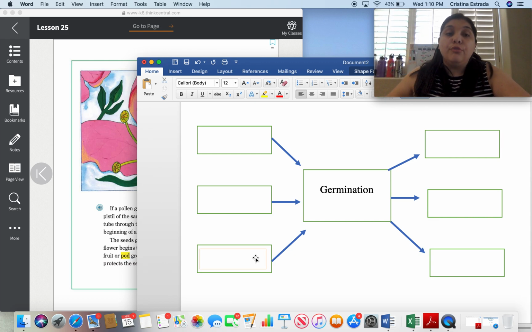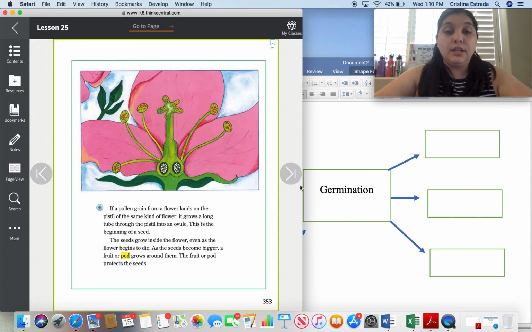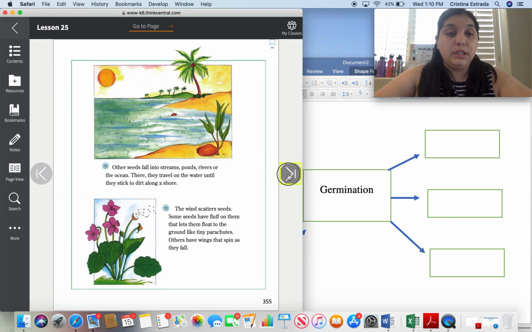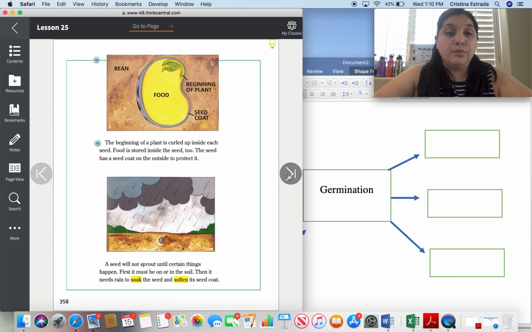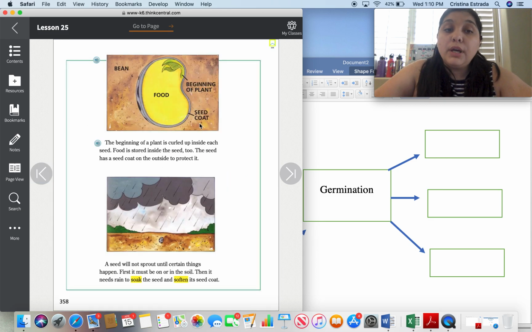So, when we talk about germination, I wanted to go to the diagram. So I came over here, I looked through my pages, and here it talks about germination.